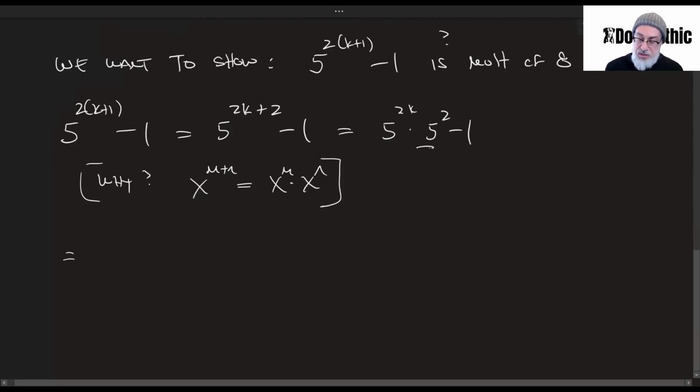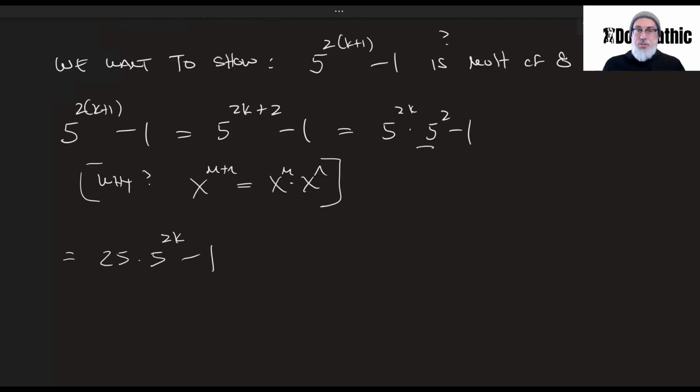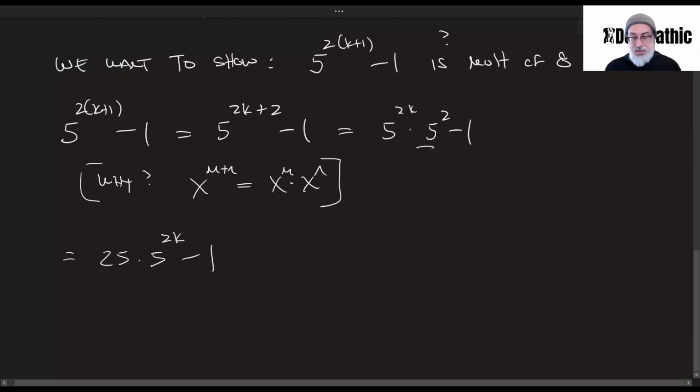I'm going to write this 25, that's 5 squared, out here, and I'm going to write 5 to the 2k over here minus 1. Now, this is where a trick is useful. I call it a trick, but it's sort of just a standard technique in induction proofs that look like this. I want to use the induction hypothesis.